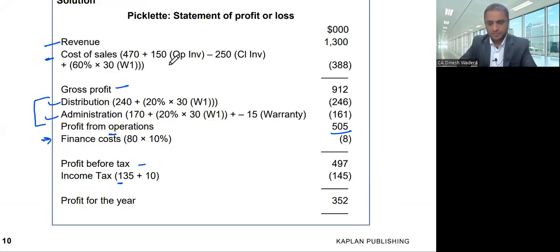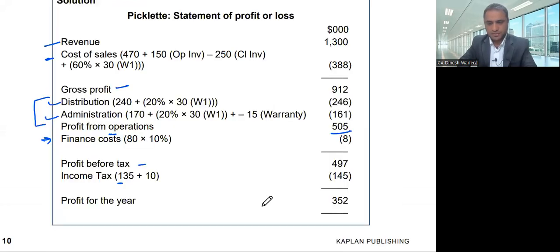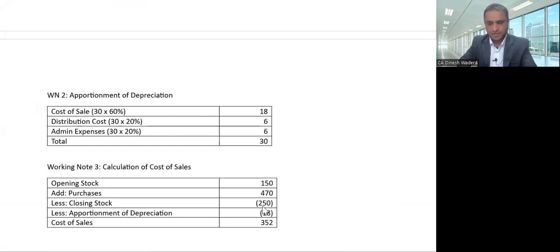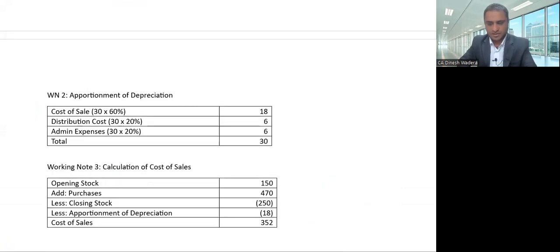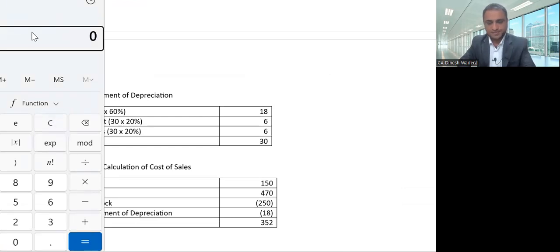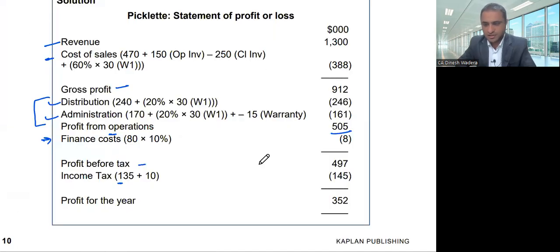They say 470, 150, 250, and 18. 352, they come to 388. I have made the wrong calculations, guys. 150 plus 470 minus 250 minus 18, 352. How do they calculate 388? What is their working note number one?